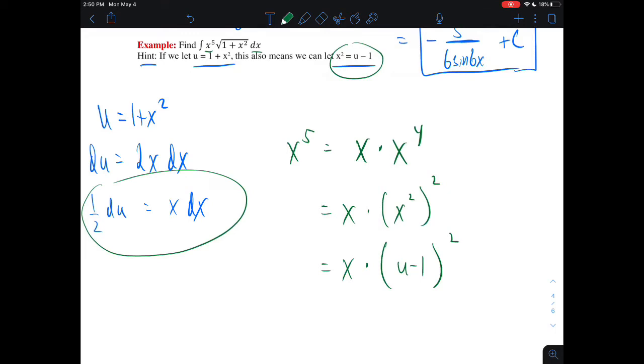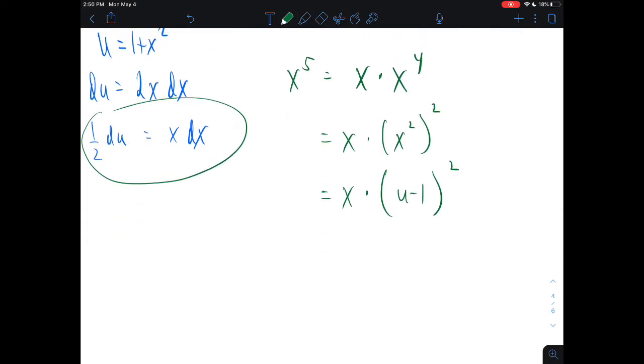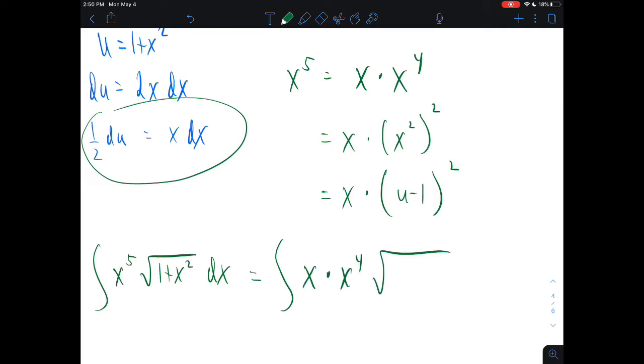So now let me put that all together in one line to see all of those substitutions in place. Again, starting with what we have at the very beginning, x to the fifth times the square root of 1 plus x squared dx. I'm going to go ahead and split up that x to the fifth so that it's x times x to the fourth and then times the square root of 1 plus x squared dx.